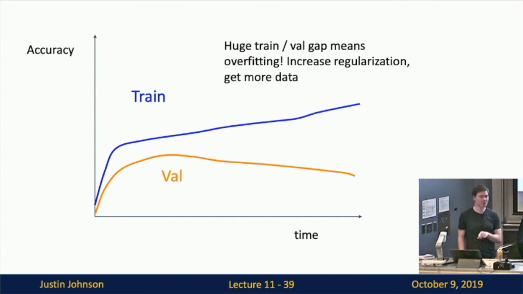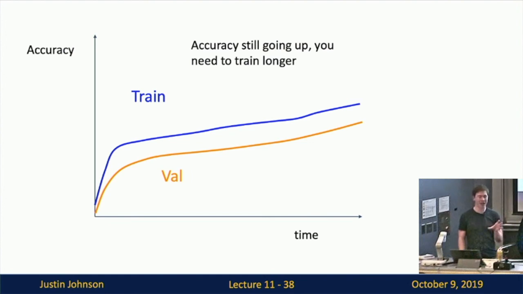Now, a plot like this means something very bad is going on. This is a characteristic plot of overfitting. Here you can see that performance on the training set has continued to increase over time, but performance on the validation set has either plateaued or even decreased over time. It's very common to have some kind of gap between train and val. That's normal and healthy.